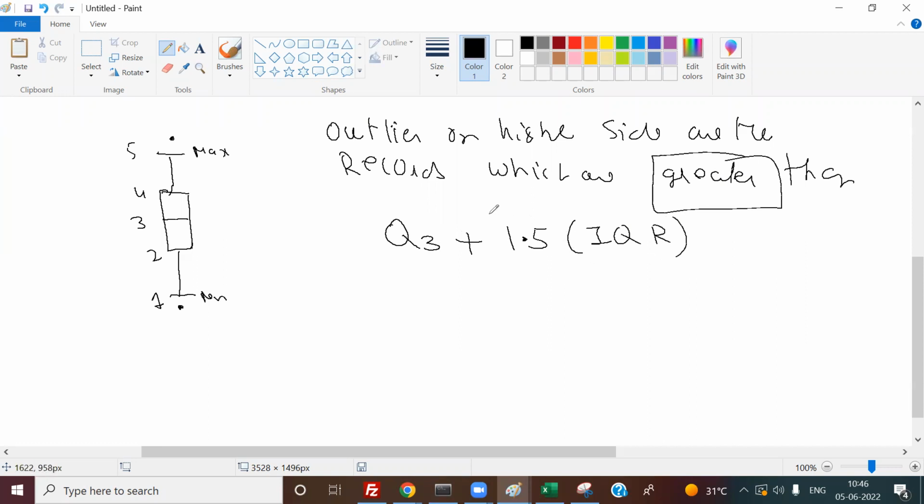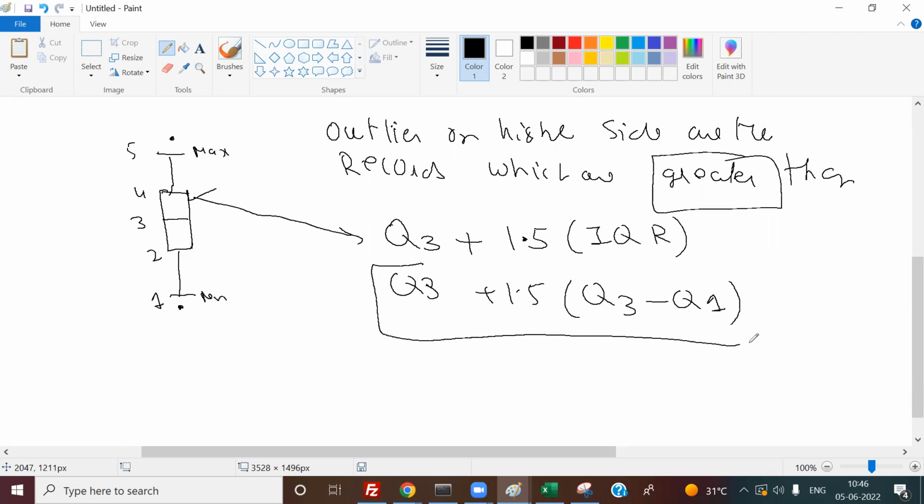Q3, I hope people can understand, is nothing but Q3. And IQR is not the name of a missile. It is the interquartile range, which is nothing but Q3 minus Q1. Values which are greater than this.